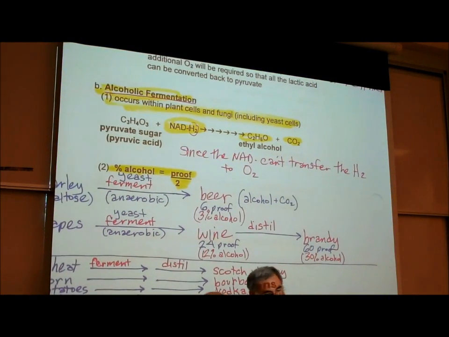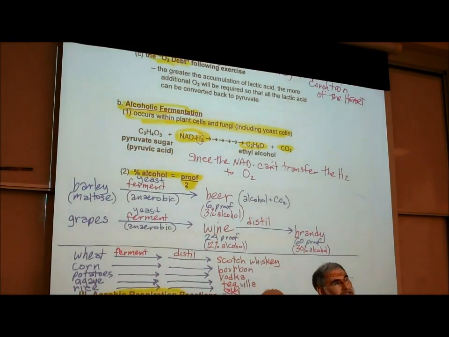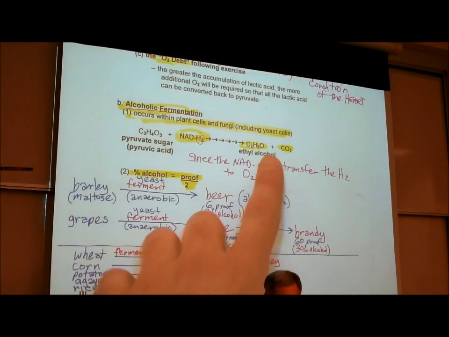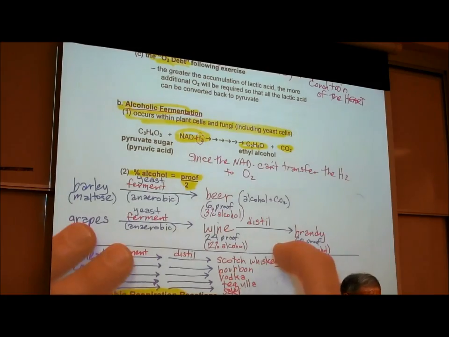And so it's because plants and fungi form alcohol and CO2 that we as humans, at least those who like drinking alcoholic drinks, have taken advantage of this to use these kinds of organisms, mostly yeast, and add these yeast to various foods and place them in an environment without oxygen so that we can purposely use those yeast to convert the sugars in those foods into alcohol and CO2, creating alcoholic drinks.